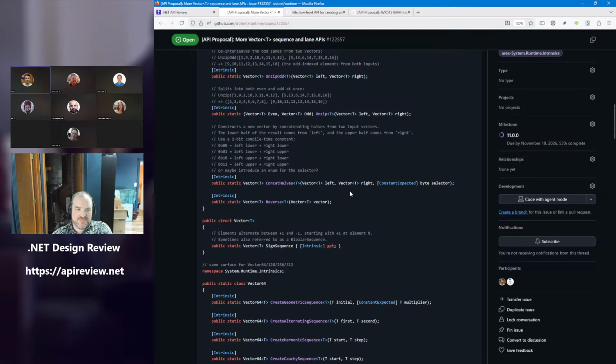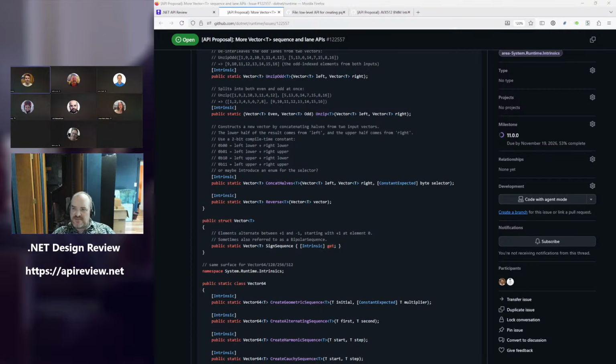Concat halves is a little bit interesting. For the cross-platform APIs, we've typically not used a magic selector or control mask like exists on many of the platform-specific APIs.